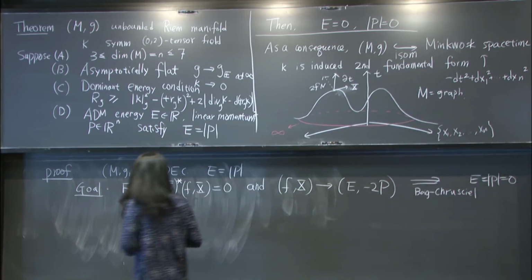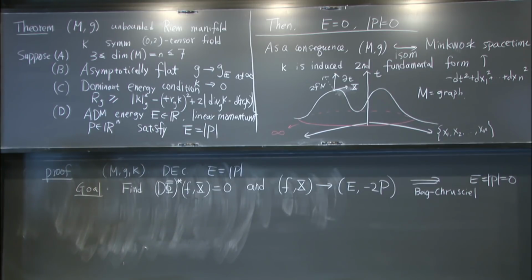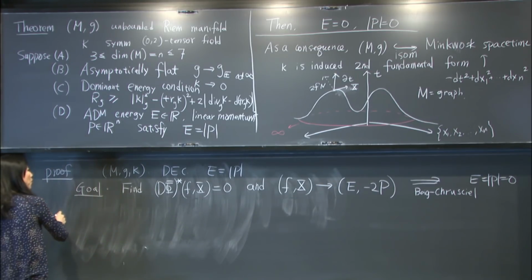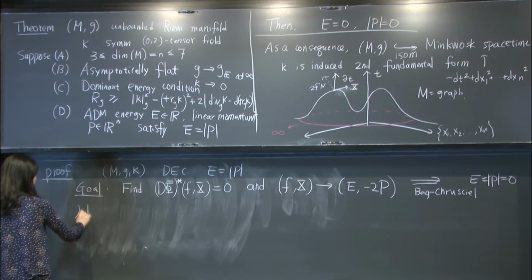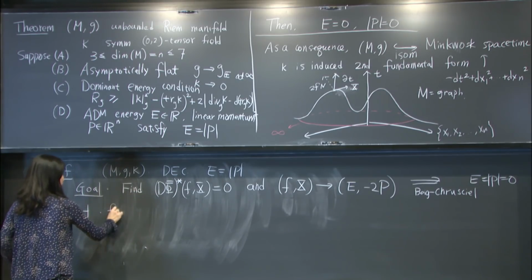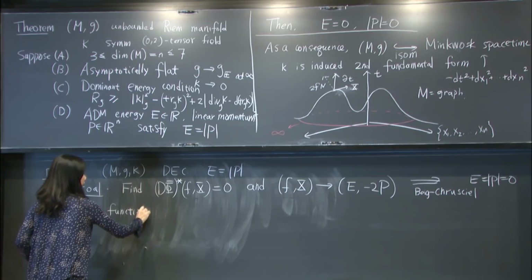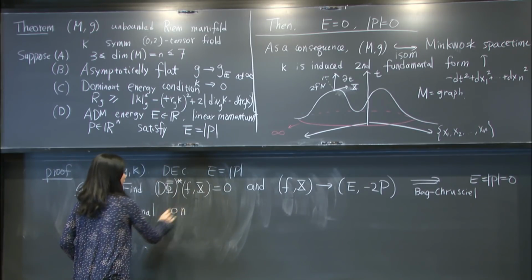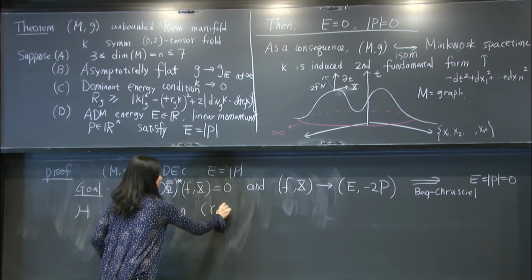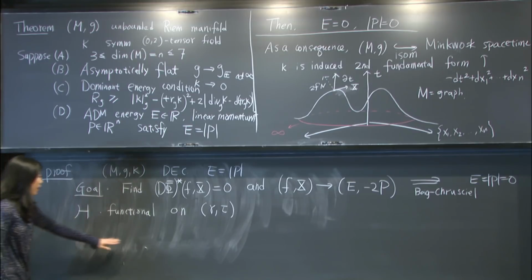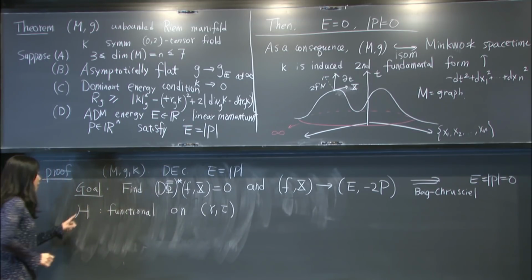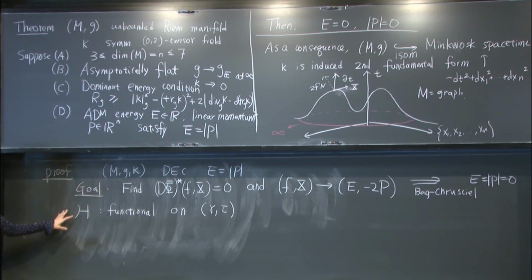Okay? So the way we solve this equation now becomes variational. So we will set up a functional on the space of initial data sets, and work on the Euler-Lagrange equation of this functional.